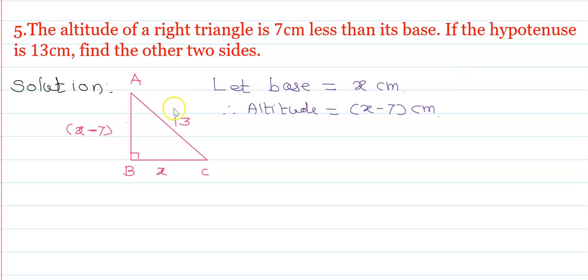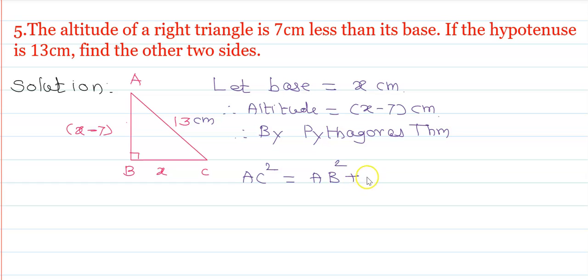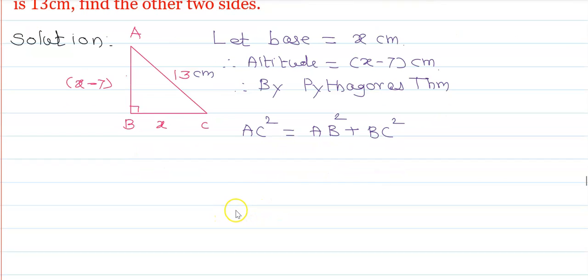Its hypotenuse is 13 centimeter. Therefore, by the Pythagoras theorem, AC square is equal to AB square plus BC square.